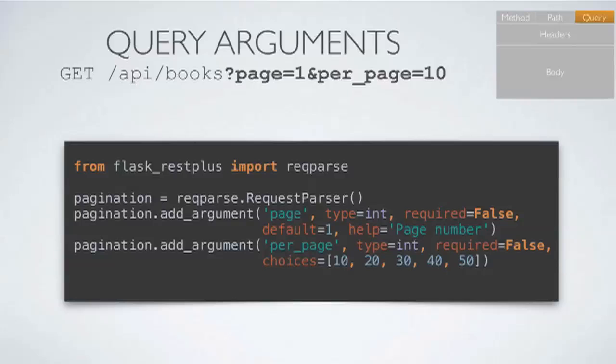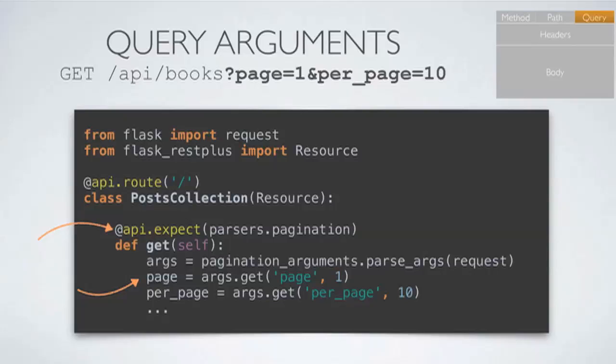So to do that, you create a request parser object, and then you add each argument to this object using the add argument method, where you specify the name of the argument, the type, and whether it's required or not. You can even specify default values or a set of choices that the user should specify. And all this will be validated as the request is coming in.